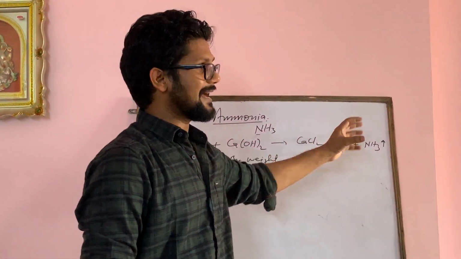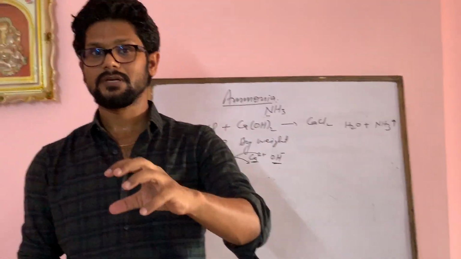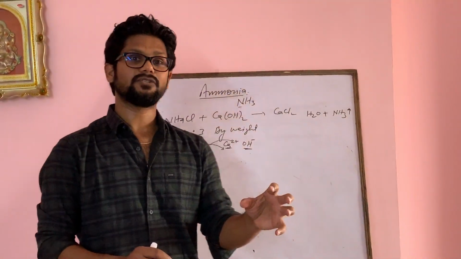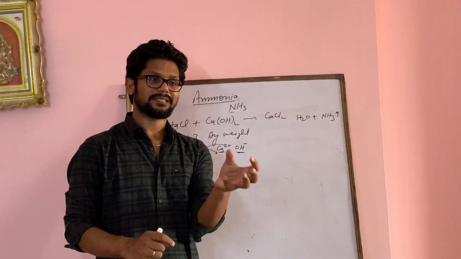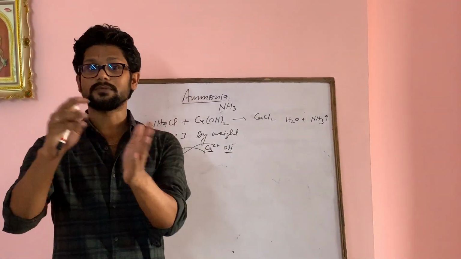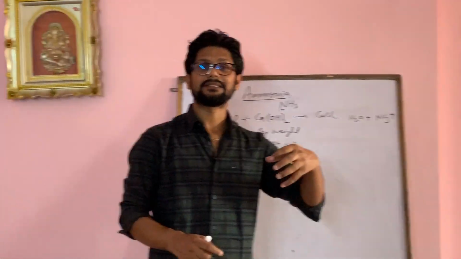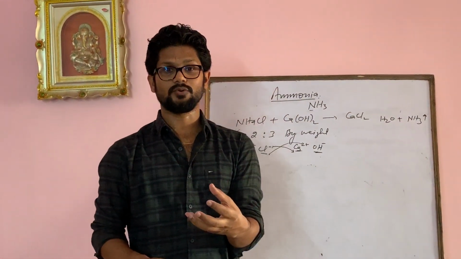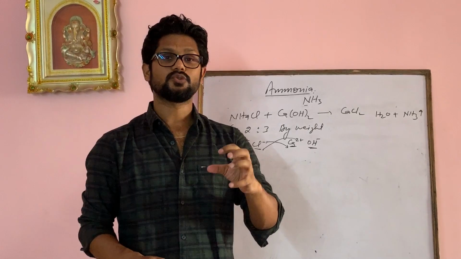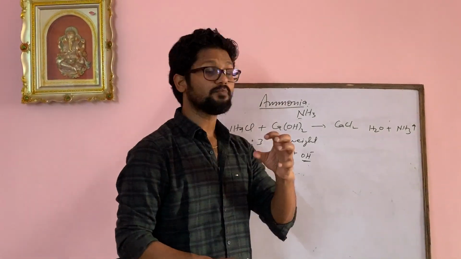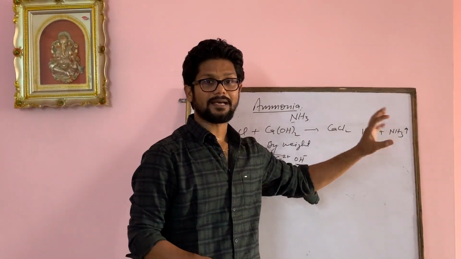Why are these not used to dry ammonia gas? The reason is that ammonia gas is basic in nature in aqueous solution, so it will react with P2O5 or concentrated H2SO4 and form other compounds. This is why P2O5 and concentrated H2SO4 are not used to dry or purify ammonia gas.